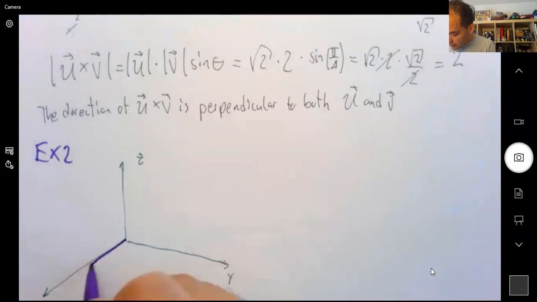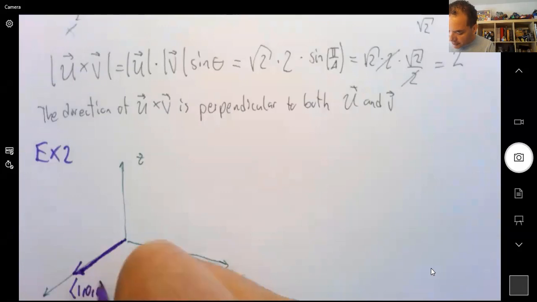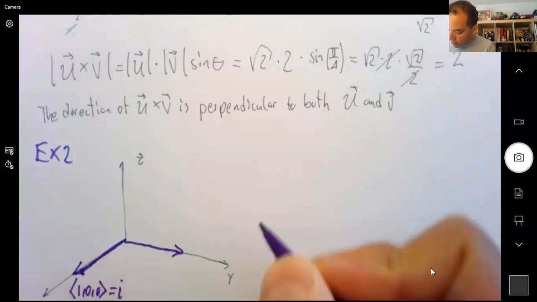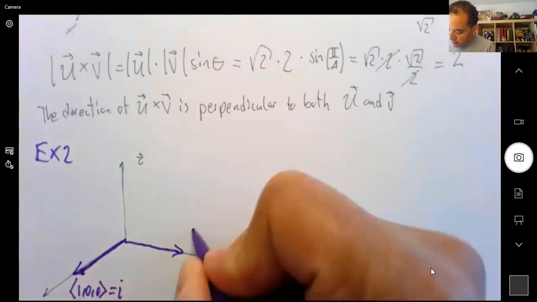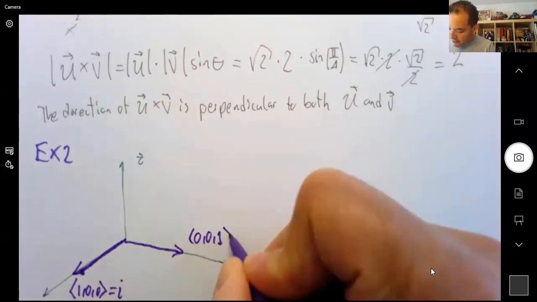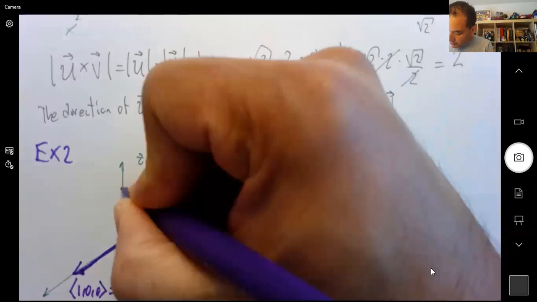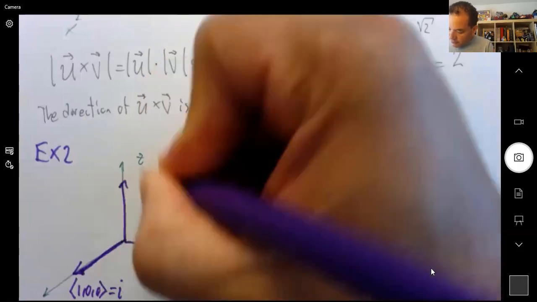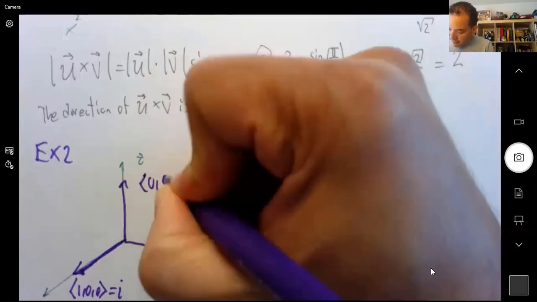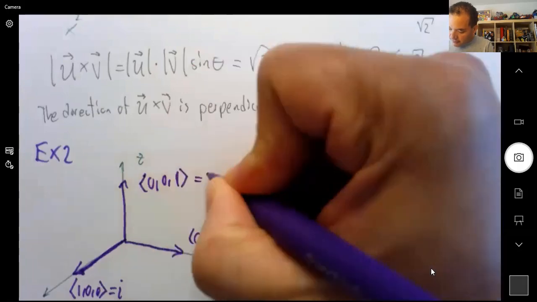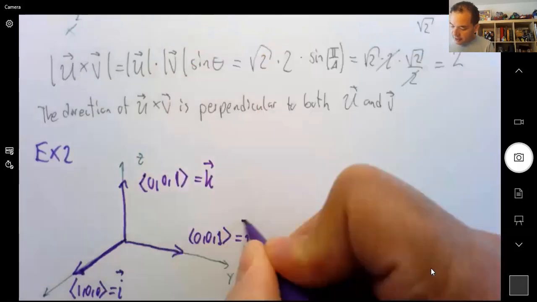The one that points in the x direction of length 1, so this is (1, 0, 0), that's i. The one that goes one unit in the y direction, that's (0, 1, 0), that's j. And the one that goes one unit in the z direction, that's k. All right, so these are i, j, and k.